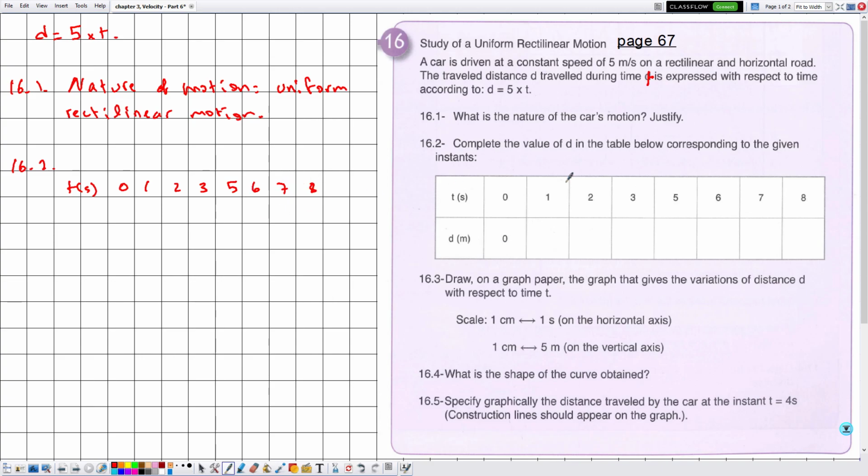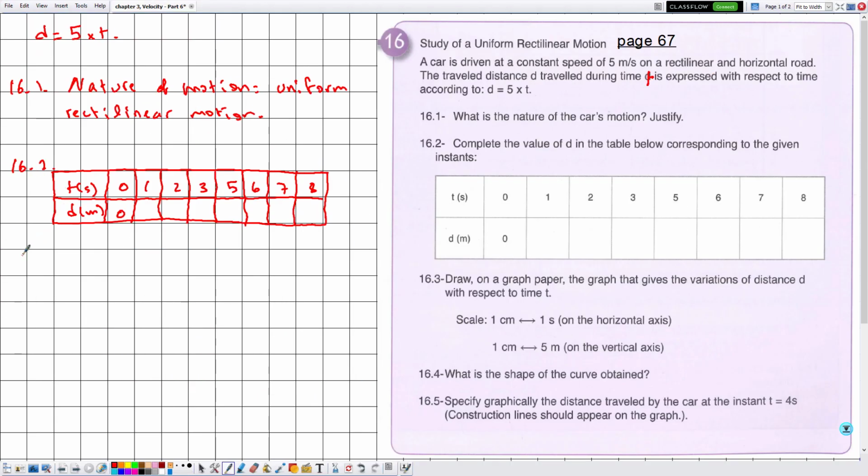As you can notice, the value 4 is missing. And d is expressed in meters.